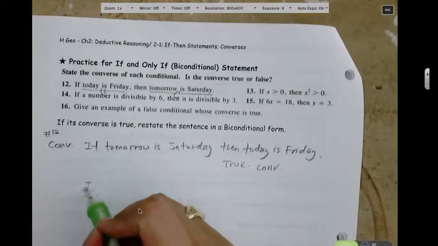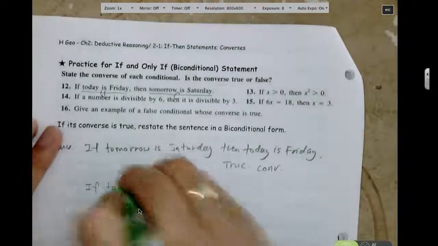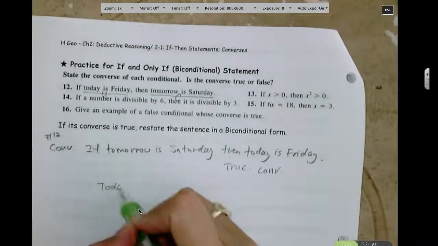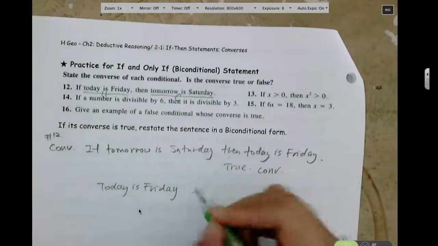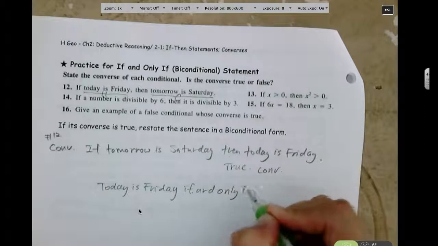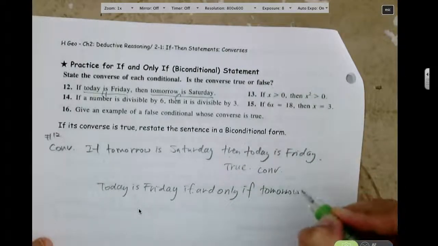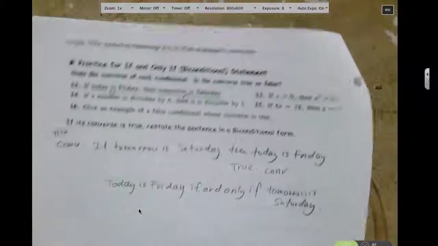So the biconditional would be: today is Friday if and only if tomorrow is Saturday. That's the biconditional.